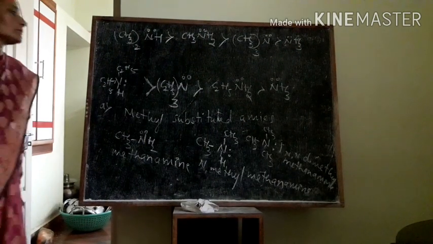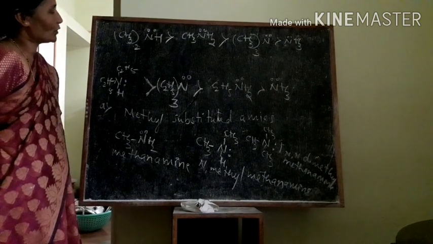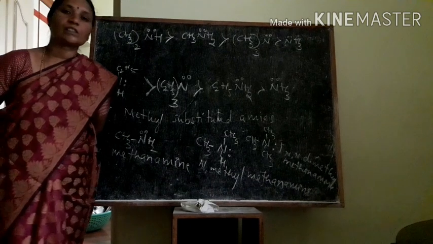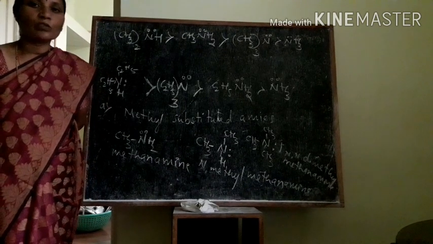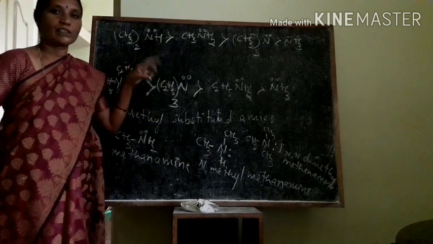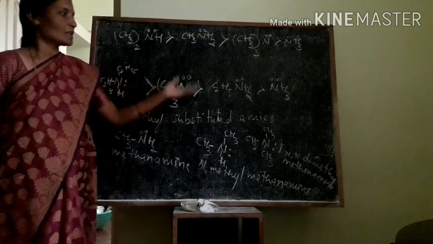Okay, these are said to be the basic character of amines in aqueous state. In aqueous state it is said to be a combination of three effects. Those three effects are inductive effect, solvation effect, and steric hindrance.